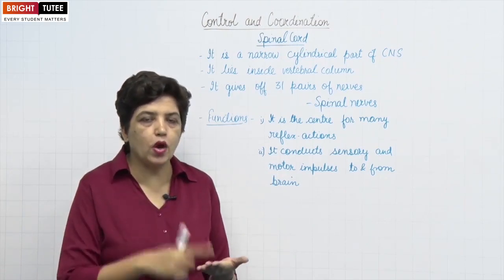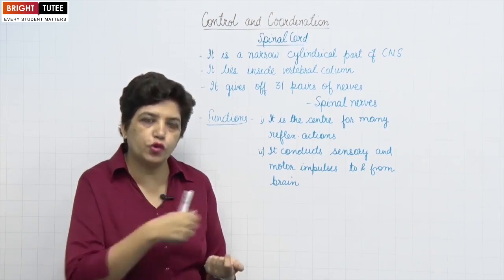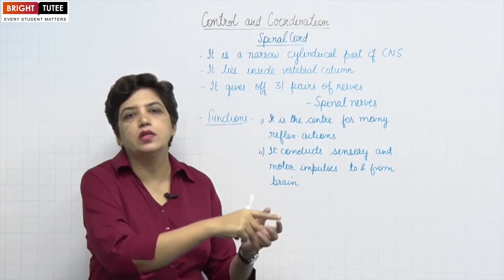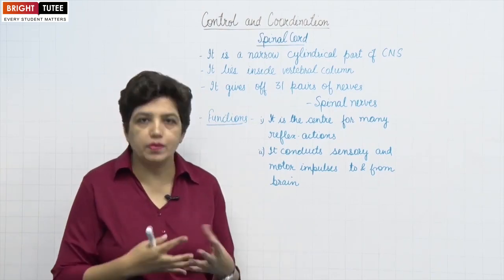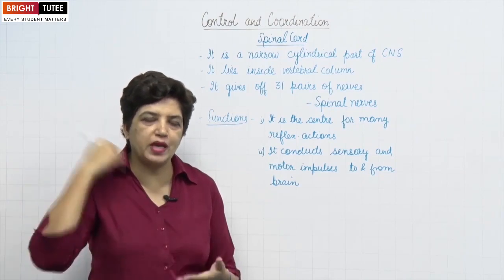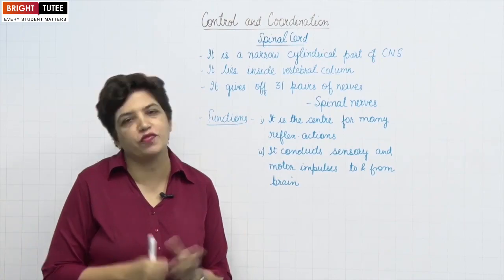From the sensory organs, the impulse is carried to the spinal cord and then to the brain, and from the brain to the spinal cord and back to the motor muscles. This helps in giving messages to the brain and getting messages from the brain. So these are the two main functions of the spinal cord.